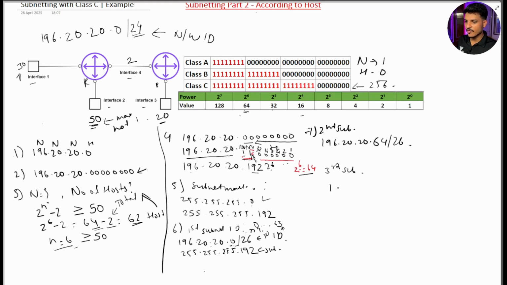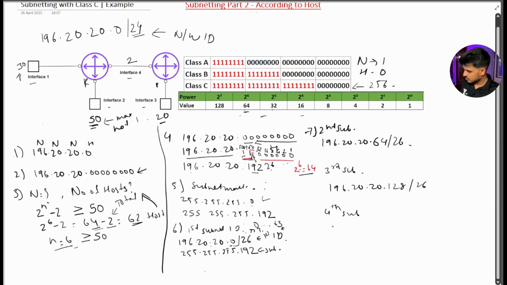It will be 196.20.20, and we again add 64 to it, so it will be 128/26. What will be our fourth subnet? It will be 196.20.20, and again we add 64 to it, so it will be 192/26.